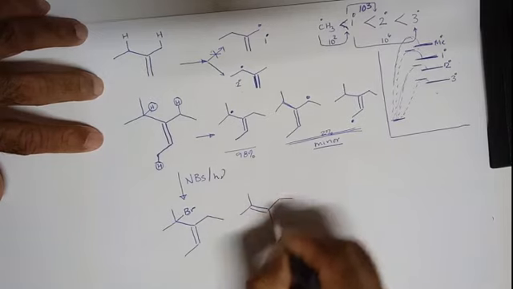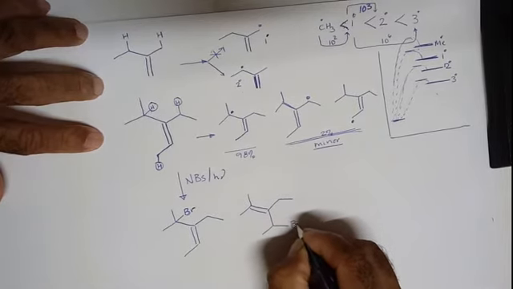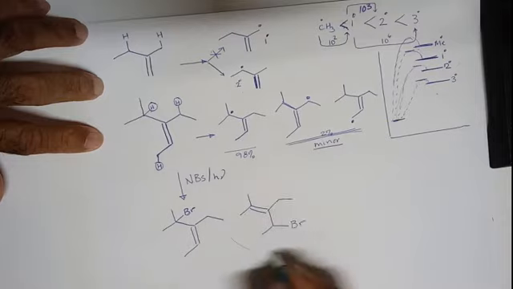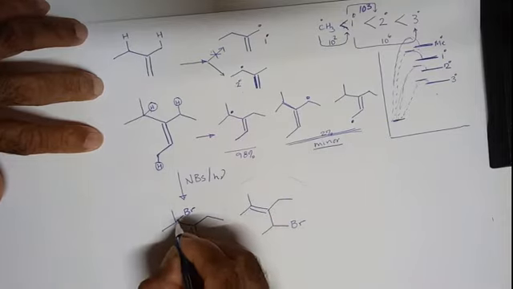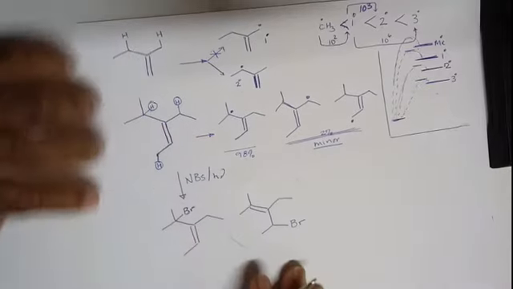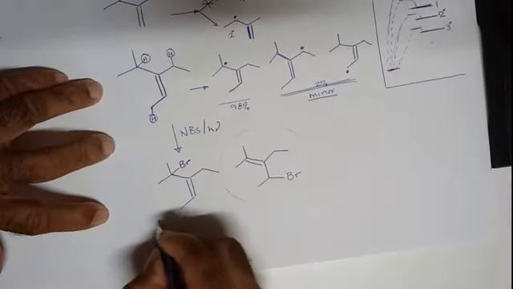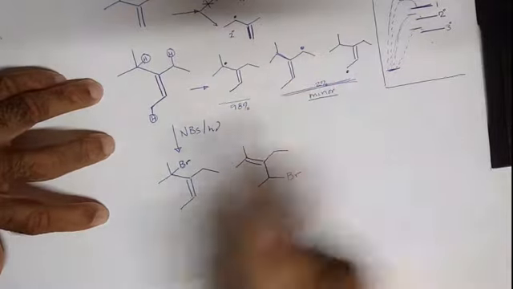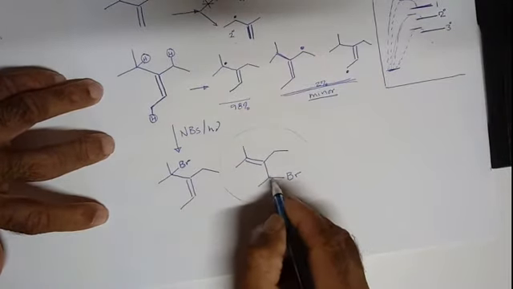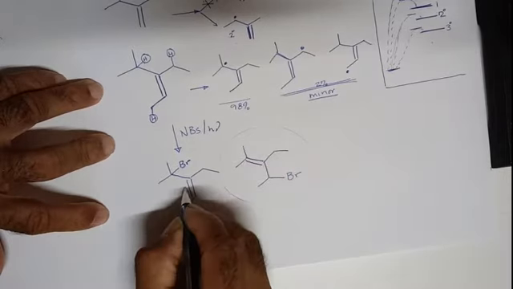And I believe you have learned this concept before. How did we manage to get this product? Now, it is possible to say H has gone from there. So let's look at how did we get this one. I'm not going to worry about all other options. Okay? How did we get this one? And why is it more stable product than this one?